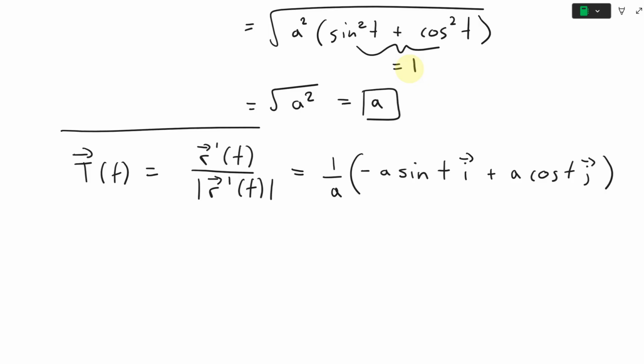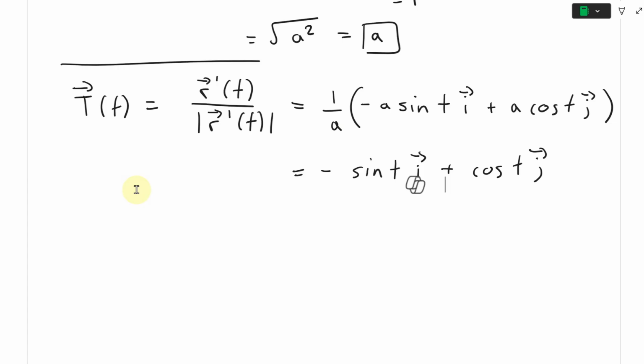Yeah, so that's what it is. And then the a's just cancel. This is going to be equal to negative sine t i plus cosine t j, like that.